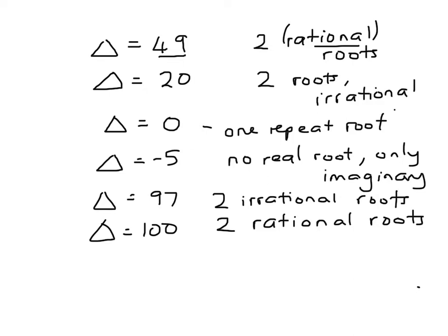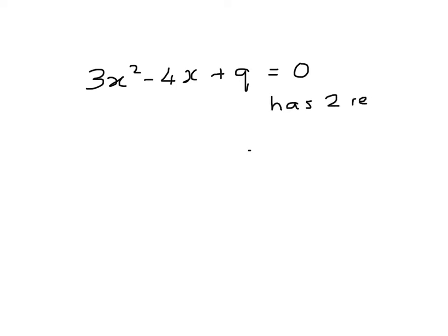Now sometimes the questions are like this: if I had 3x squared minus 4x plus q equals 0, and I'm told that this has two real roots, find what the value of q could be. So this gives it away that I'm looking for the discriminant.